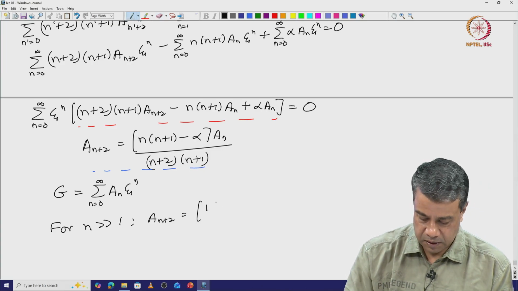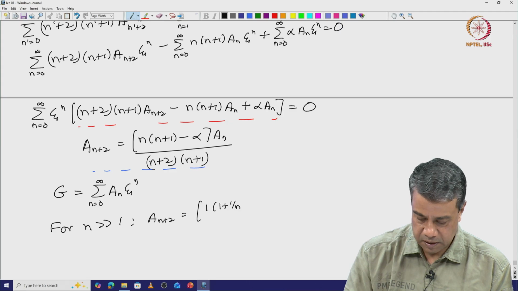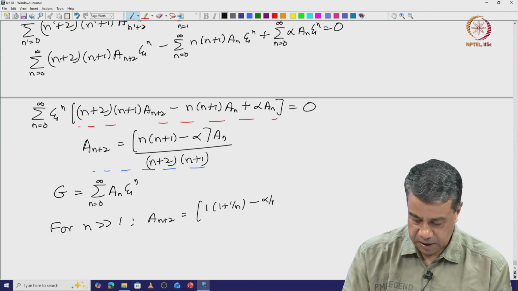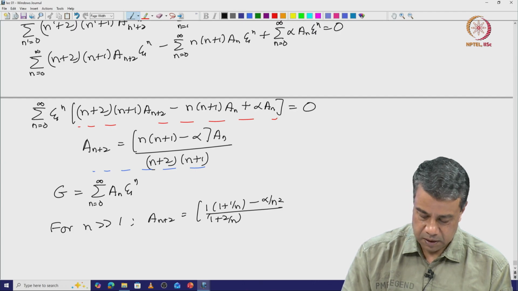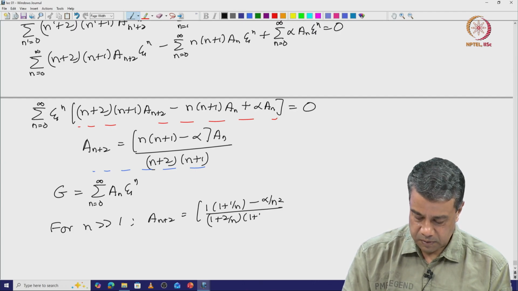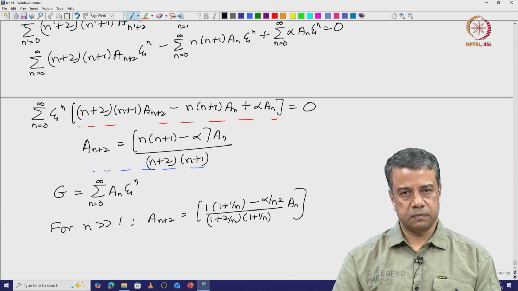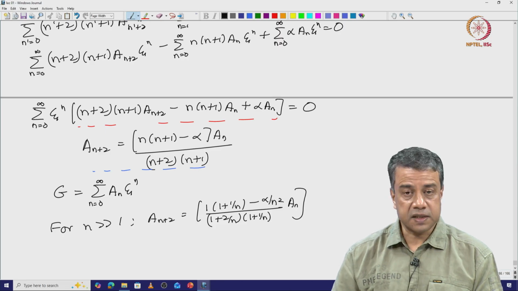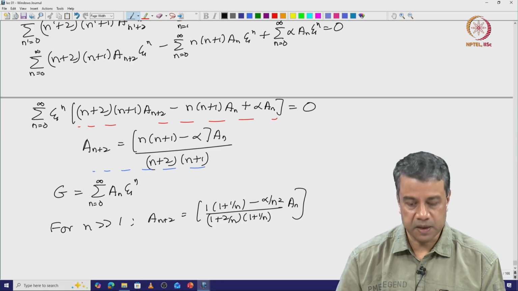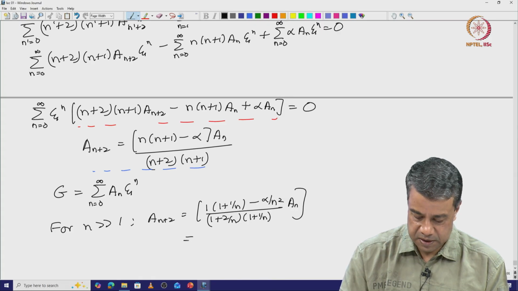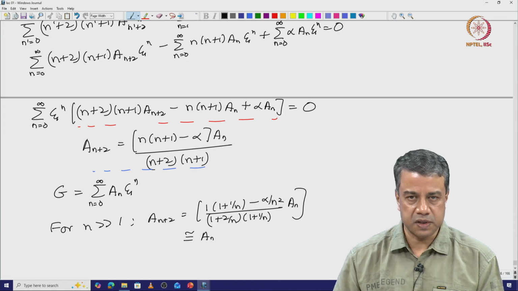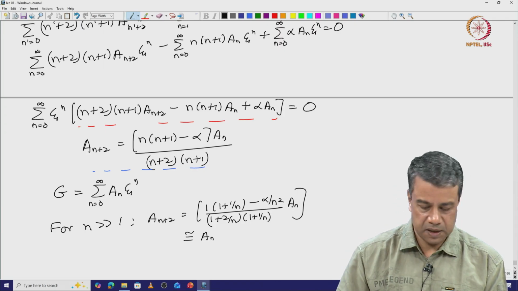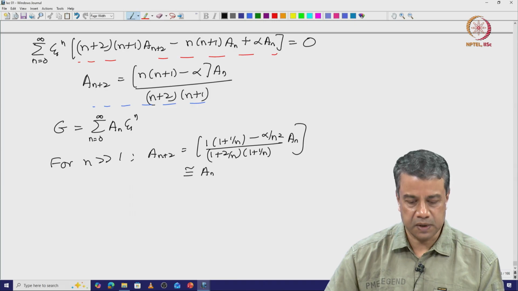I will get 1 into 1 plus 1 by n minus alpha by n square divided by 1 plus 2 by n into 1 plus 1 by n into a n. In the limit as n becomes large, you can see that a n plus 2 is approximately equal to a n, because 1 over n goes to 0.